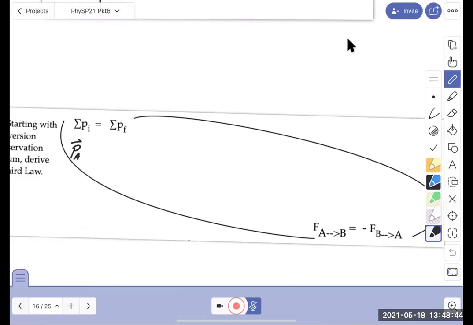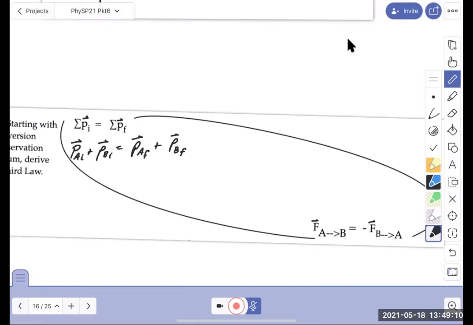So we have P_A initial plus P_B initial equals P_A final plus P_B final. These should have little arrows on them to be sure. It really shows you the force. If it's a vector, that theoretically should have an arrow above it. People don't do it. You get lazy.